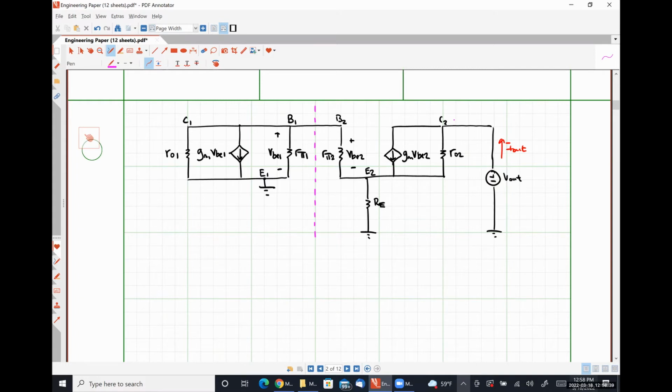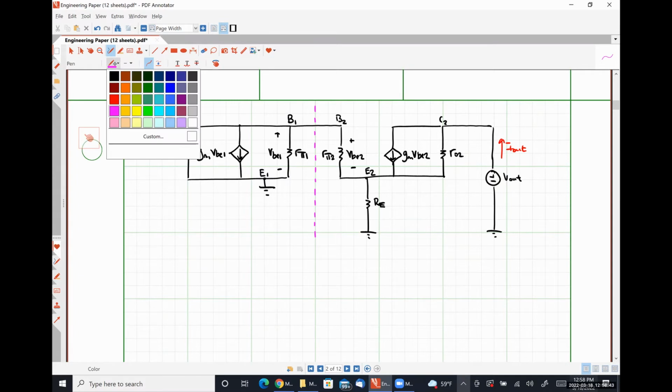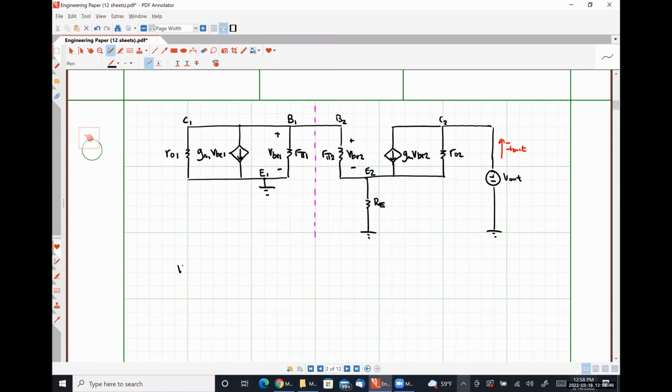More formally though, we can say that the voltage VBE2 is negative I out times RE in parallel with R pi 2. I'll explain that for those of you who don't quite see it.